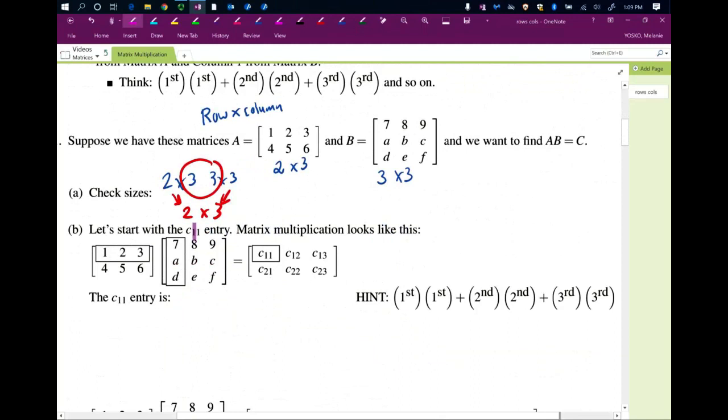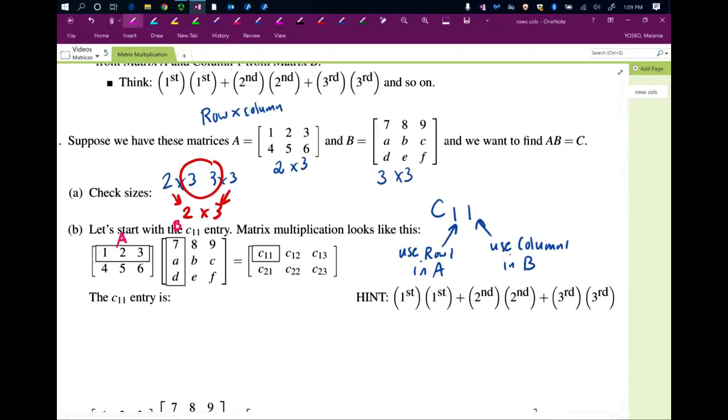So if we're starting with the C11 entry, let's label this C11. This 1 tells us to use row 1 in matrix A and use column 1 in matrix B. So as you can see, I've put a box around row 1 in matrix A. This was A and this was B. And then I put another box around column 1 in matrix B. So we're going to do the first times the first, plus the second times the second, plus the third times the third.